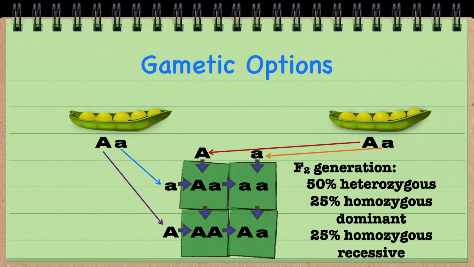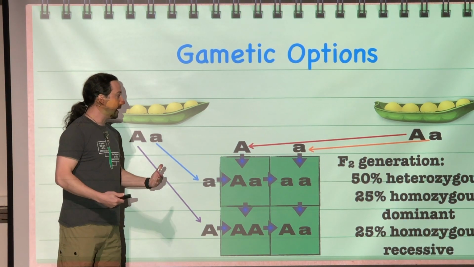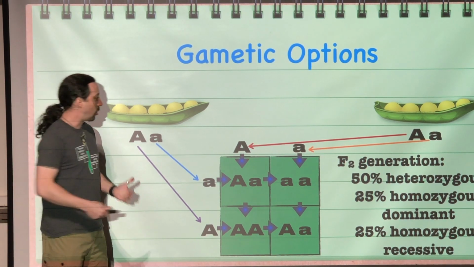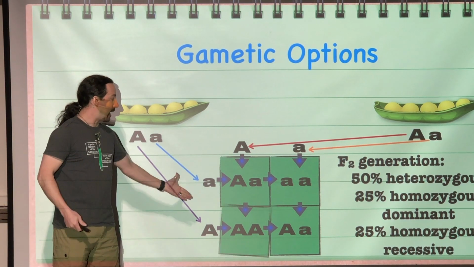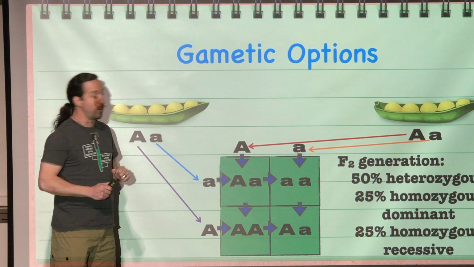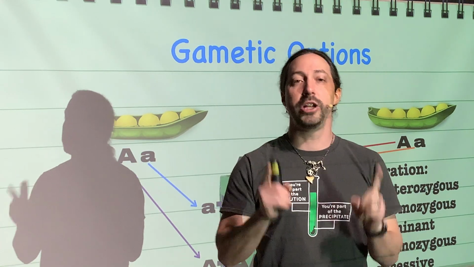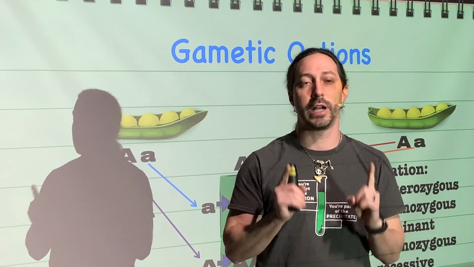So we can see that these 50% are heterozygous. And we can see that 25% are going to be homozygous dominant, and 25% are going to be homozygous recessive. Those are the expected genotypes that we would produce from our F2 generation.